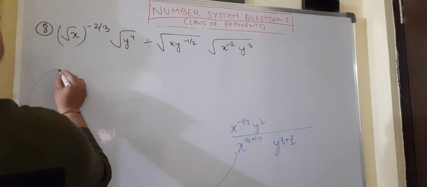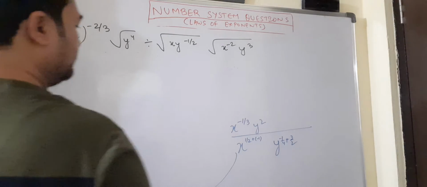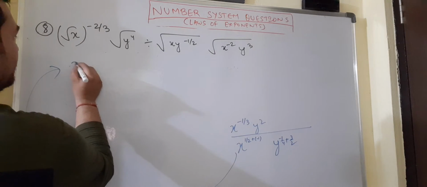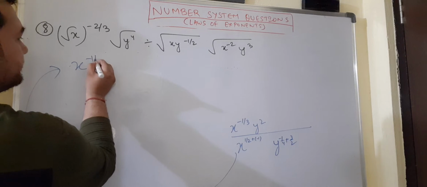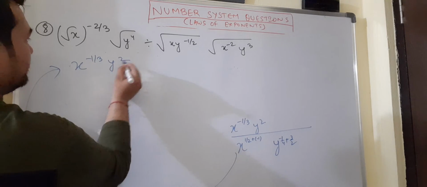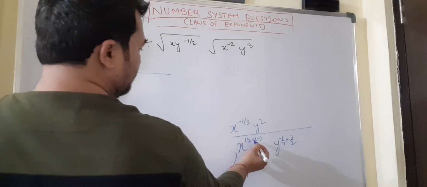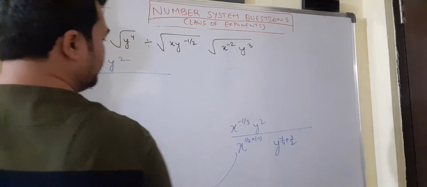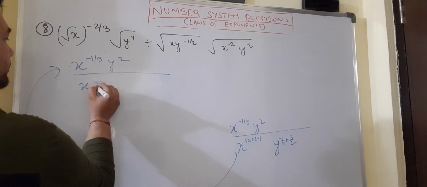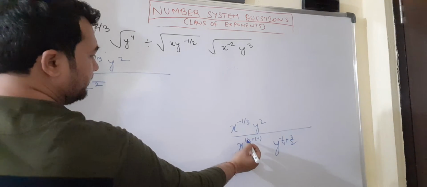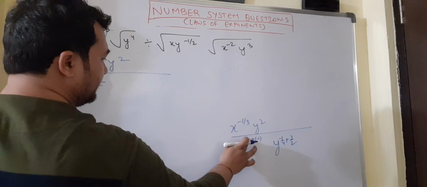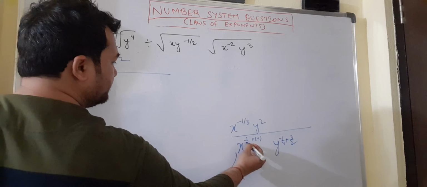Continuing from here, x minus 1 by 3, y 2, x 1 by 2 minus 1, 2 is the denominator, and I think I should write like this, it will be easier for you to understand.